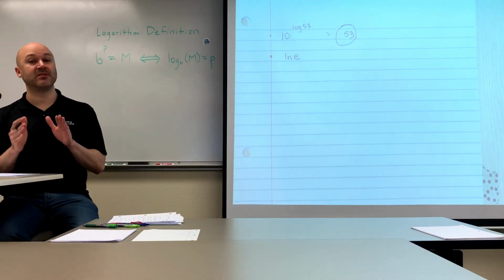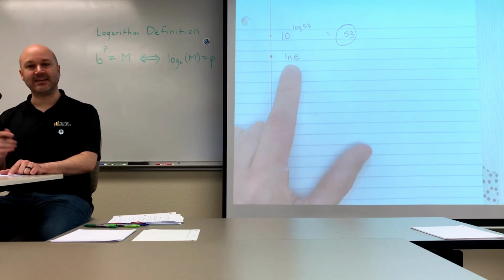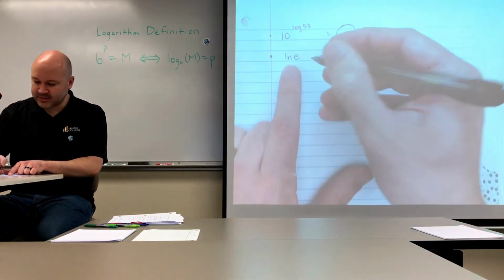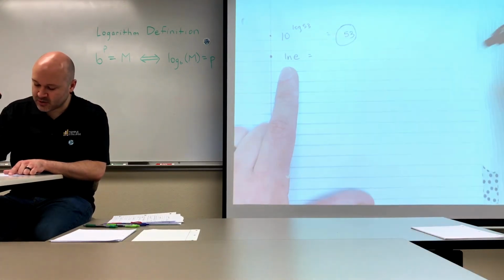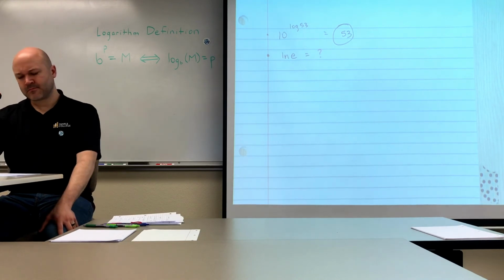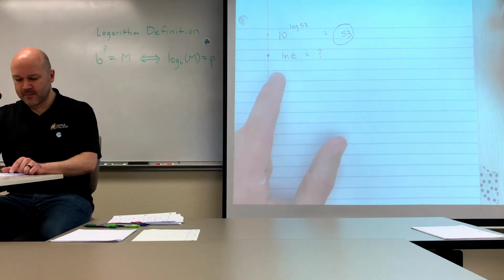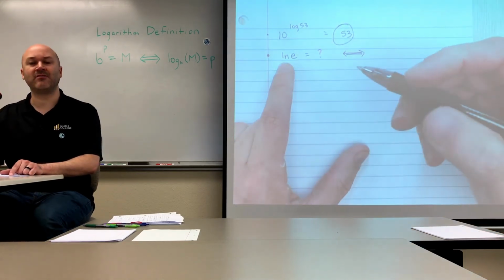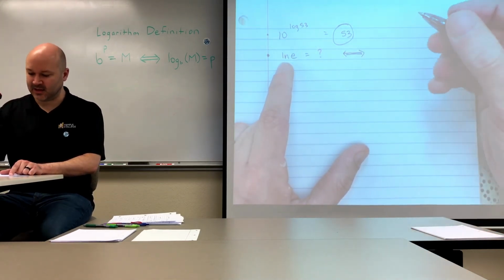Oh, the first time I'm using the natural log notation. Ln, natural log. It's just a logarithm, and it's going to be equal to something. I'll put a little question mark over here. And I say, okay, well, the base is e. Whenever you have a natural log, the base is e.